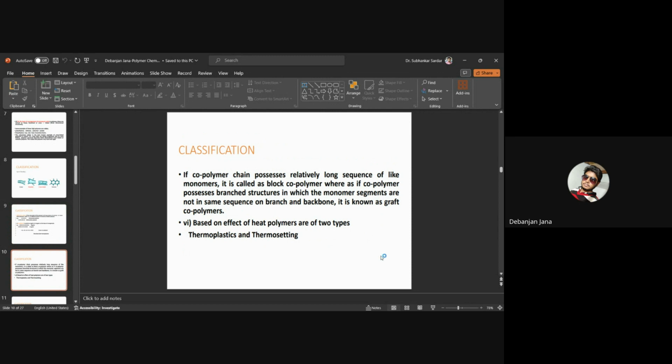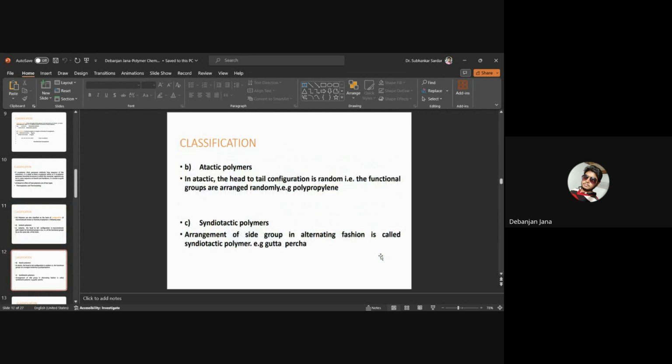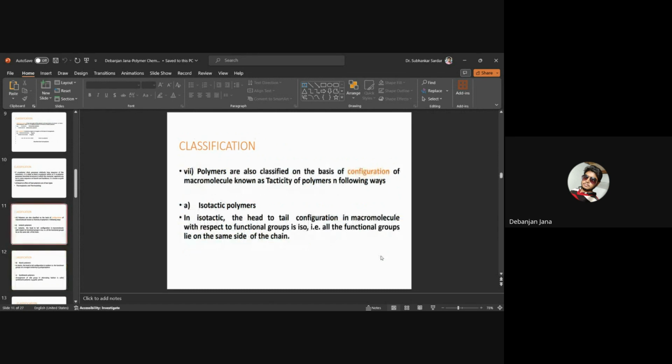Based on the effect of heat, polymers are of two types. One is thermoplastic and one is thermosetting. Polymers are also classified on the basis of configuration of the macromolecule, known as tacticity of polymers, in the following ways. One is isotactic polymers, one is atactic polymers, and next is syndiotactic polymers.